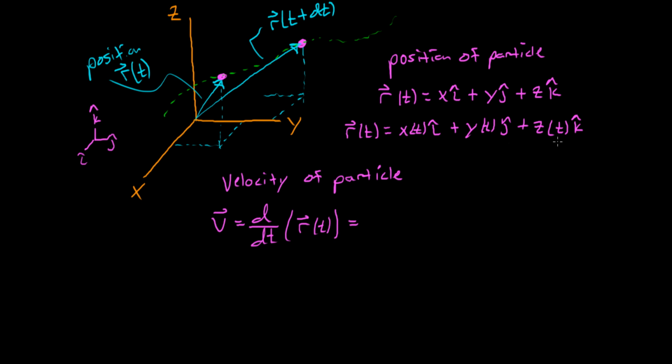And so if we take the derivative of this position vector with respect to time, we get dx/dt i plus dy/dt j plus, you guessed it, dz/dt k. Essentially velocity components in the x, y, and z direction.